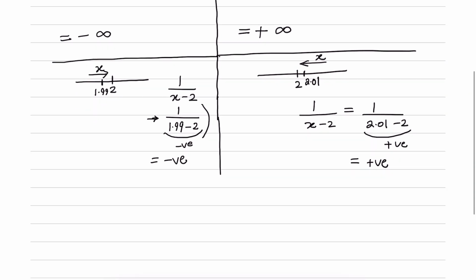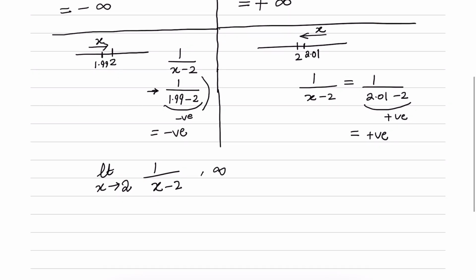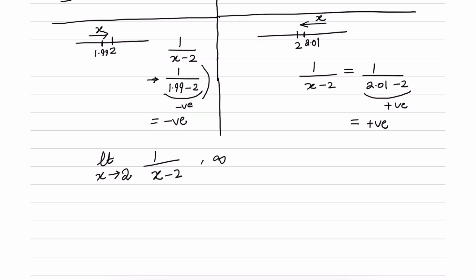We can see that the question was to find the limit of the function 1 over x minus 2 at 2. Since when we directly plug 2, we got infinity, whenever you have infinity, you split your question into two parts and you find the left hand limit.